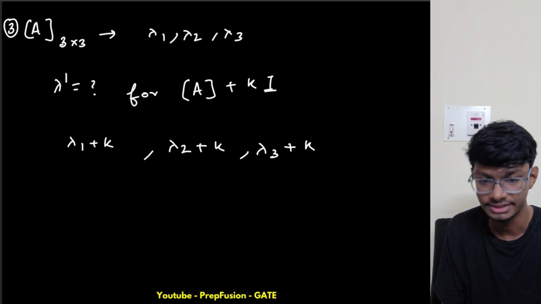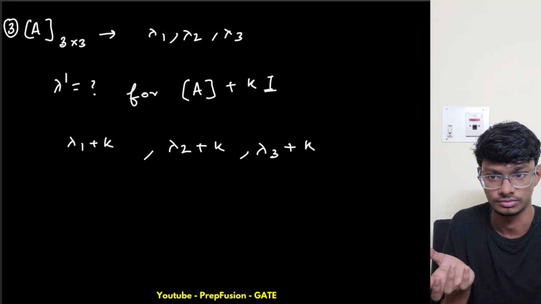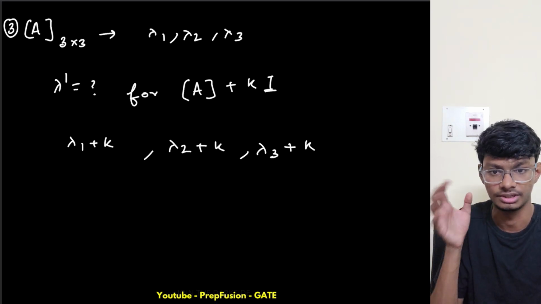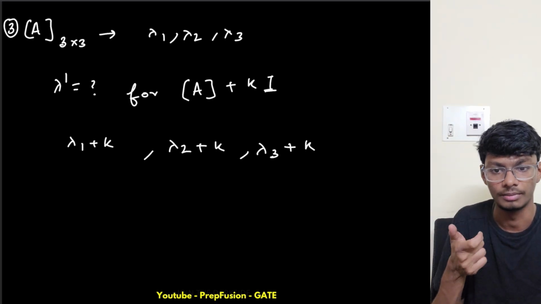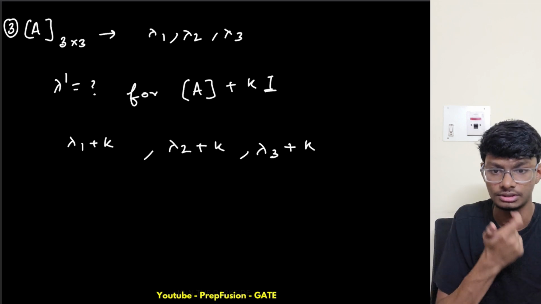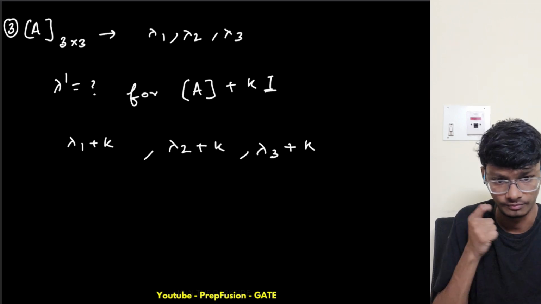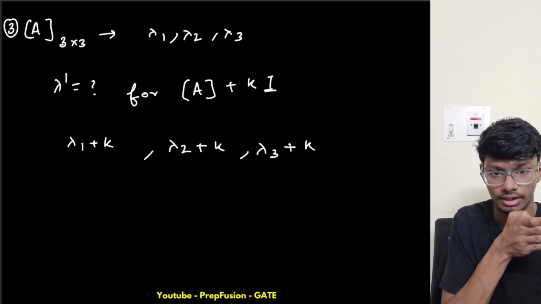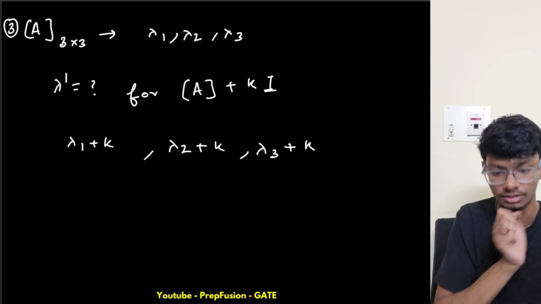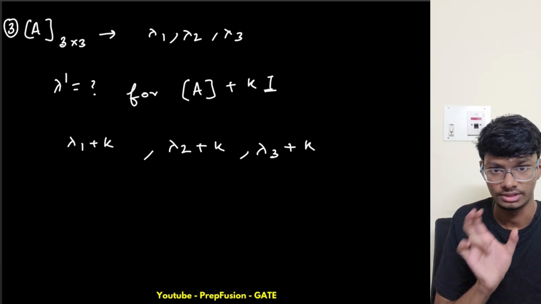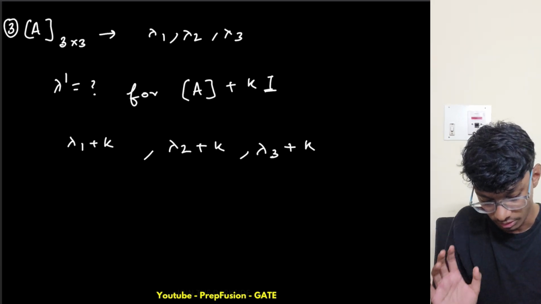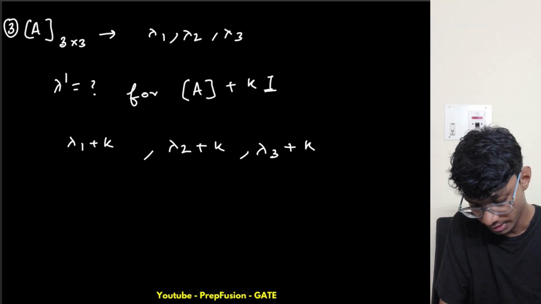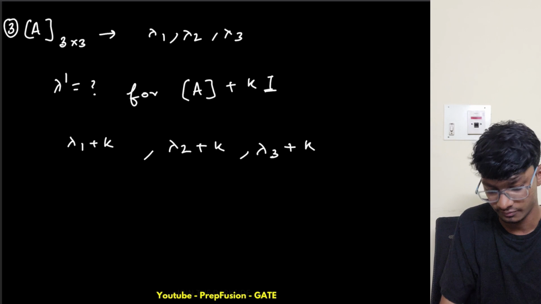Now you might say, how is this possible? Is this possible with any other matrix? If I just multiply, will I get the same eigenvalues, just shifted? The answer is no. Why? Because let me prove it to you, then you will understand how I get the eigenvectors.